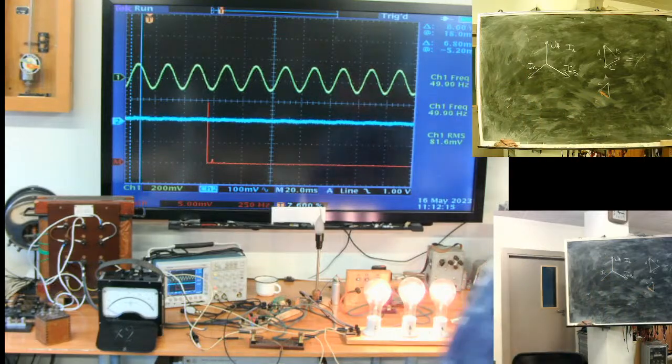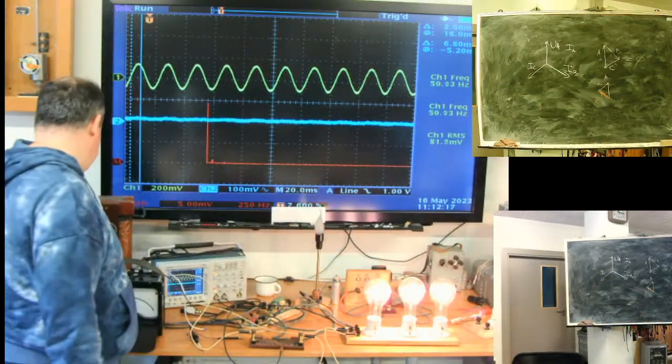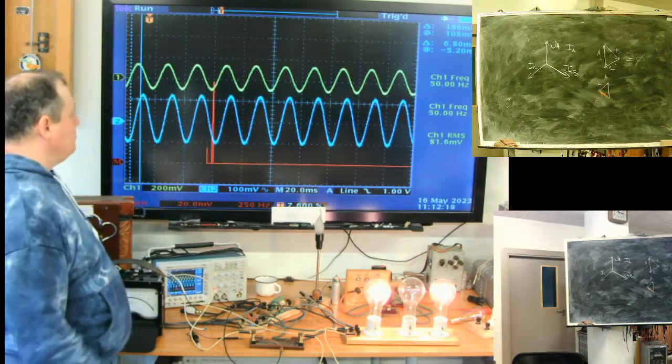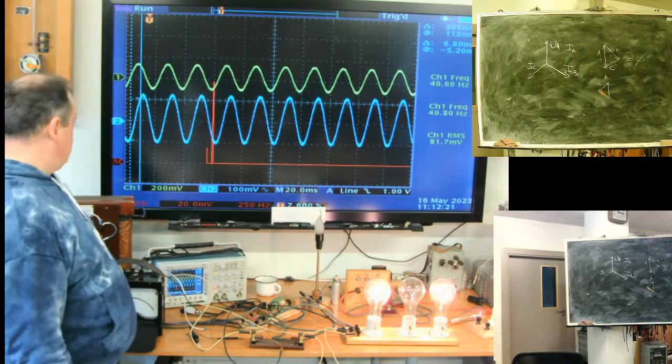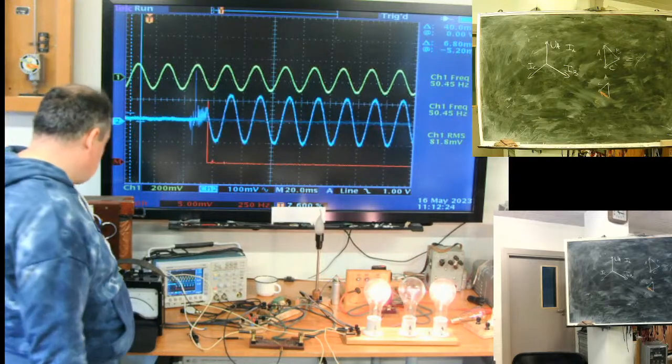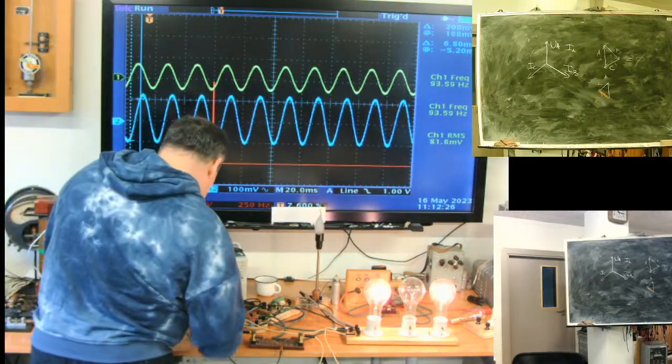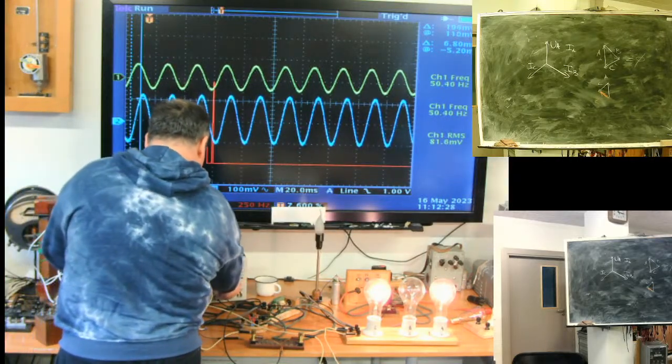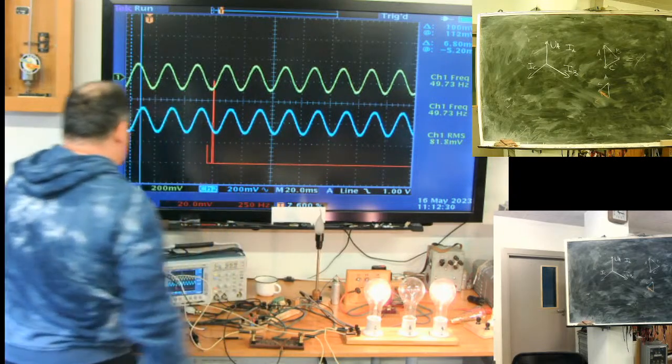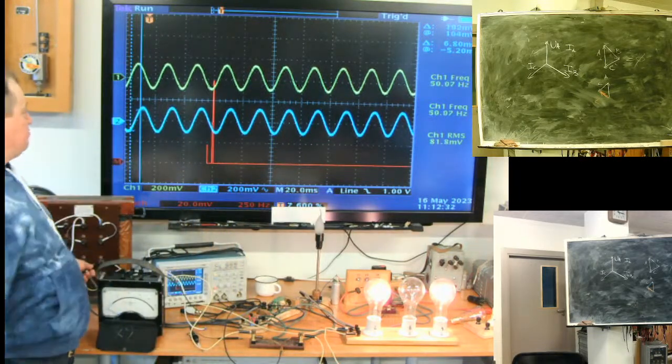Take a look. This one should be, was 200 millivolts.